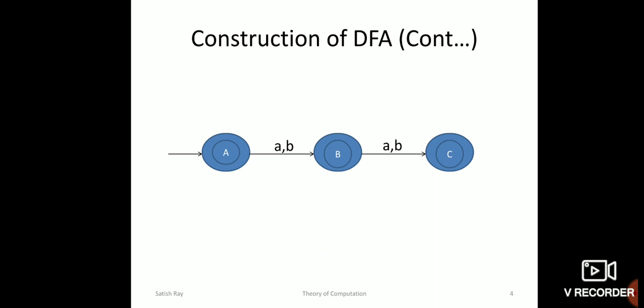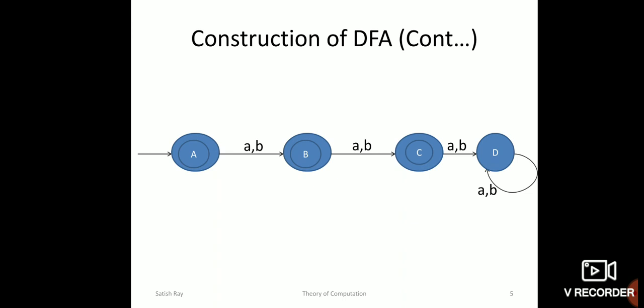So in order to do that, we have to add one more state, that is D, like this. Now we can cross check for an input string of length 3.